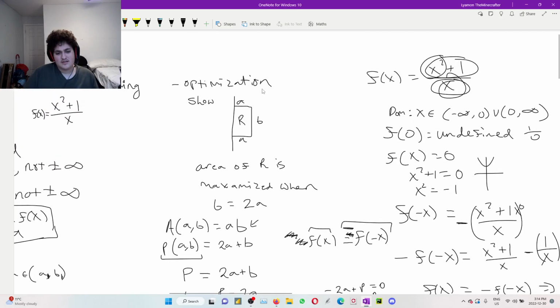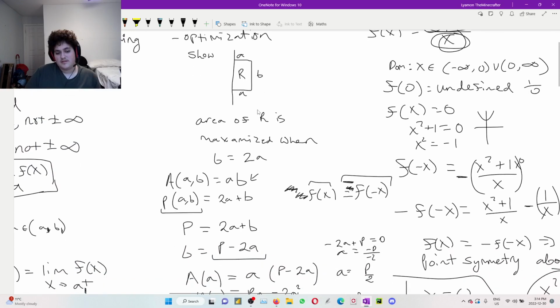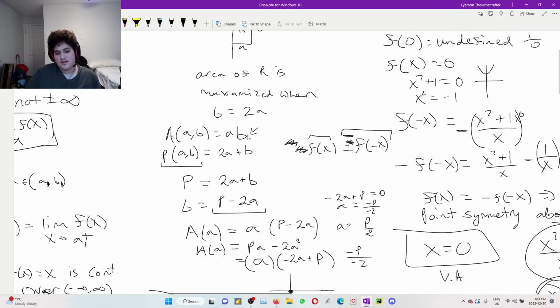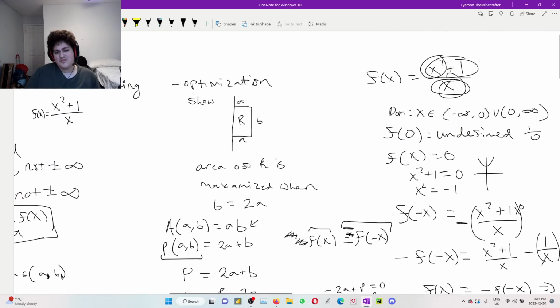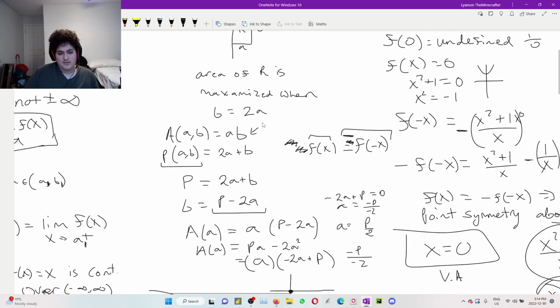If you say that one of them can be 0, then, but yeah, the perimeter is 2a plus b. It doesn't make sense for the perimeter to be 0. So let's say the perimeter has to be positive, which means you can't have negative a or b.